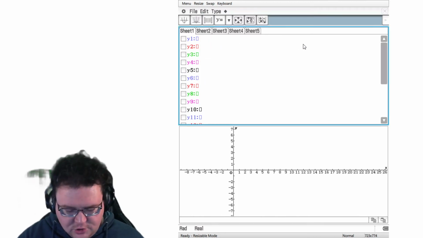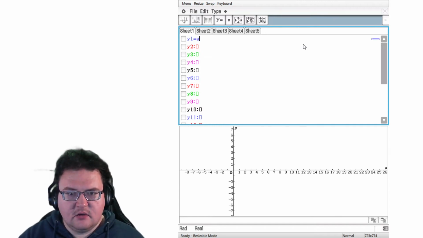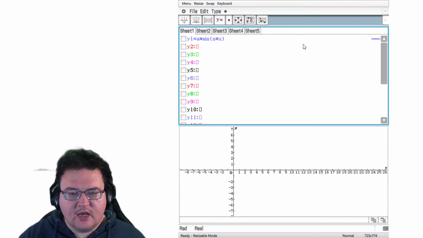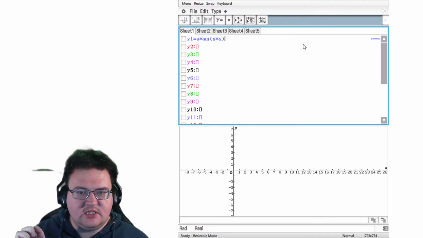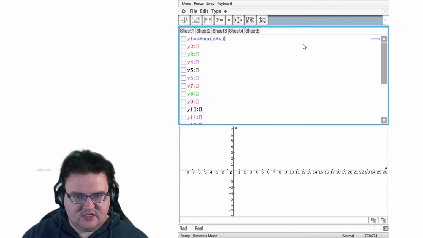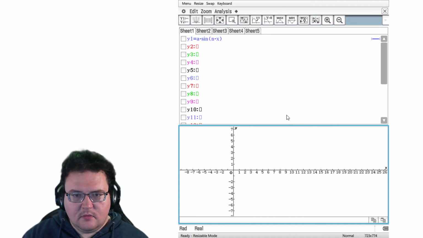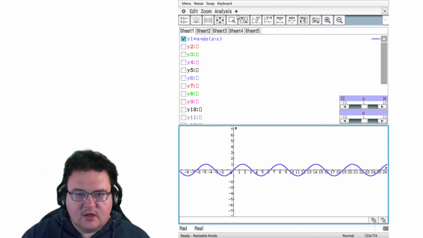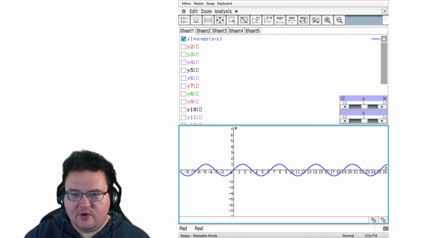So what we're going to do is we're going to go A times sine bracket n times x. Now the reason why we do that is so that when we press the variables button, it doesn't completely muck us up. So when we do that like this, it turns into this, and I now have a wave on my calculator.